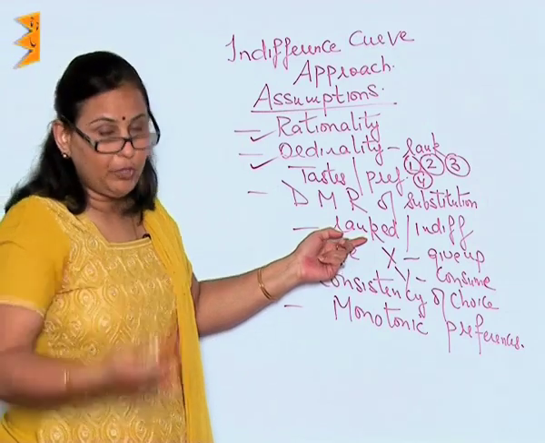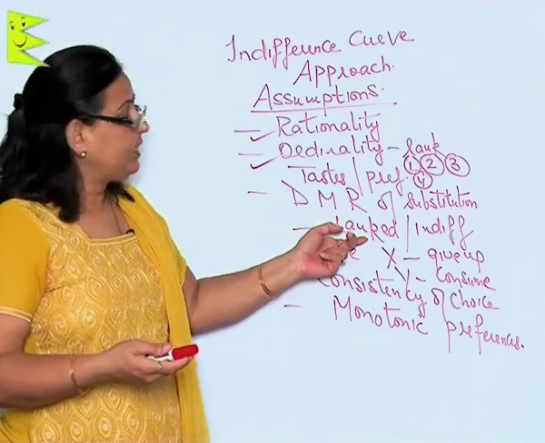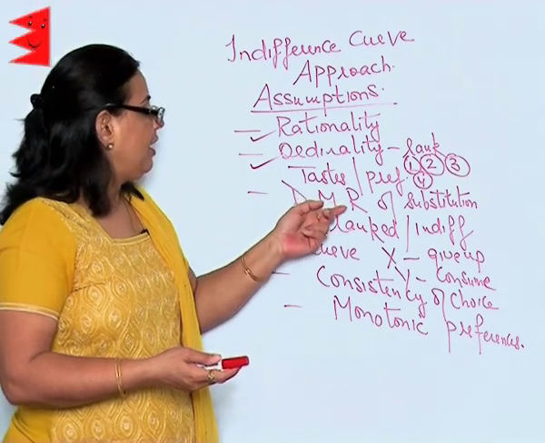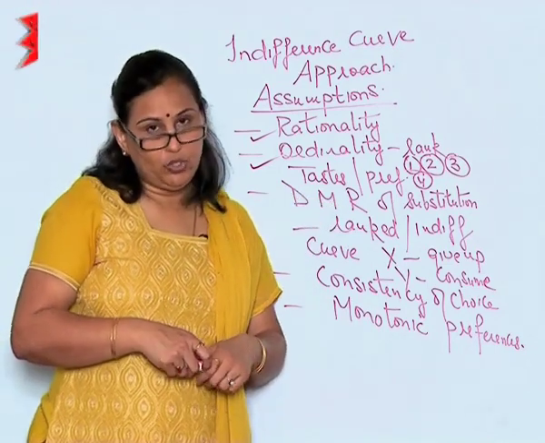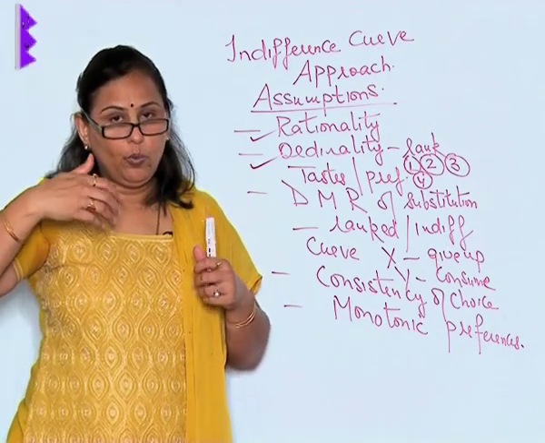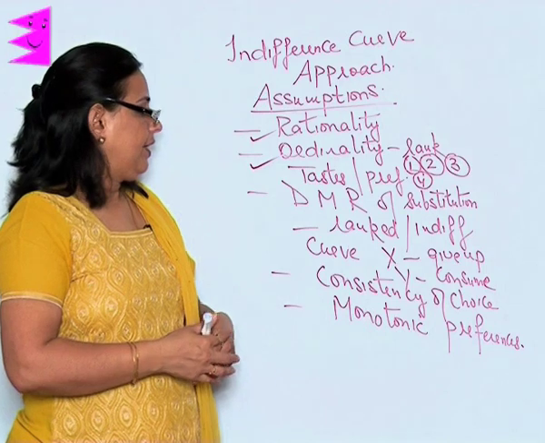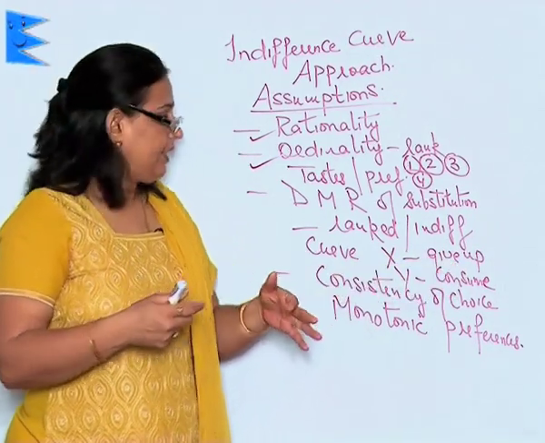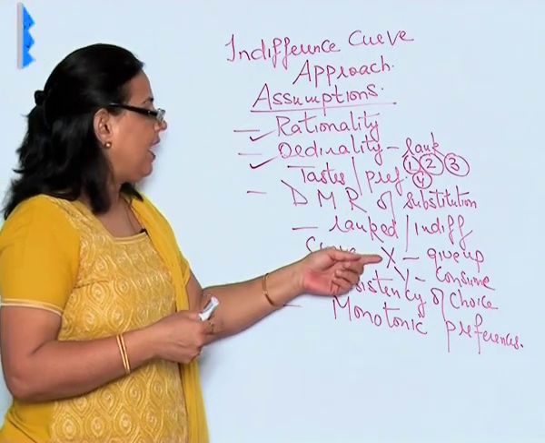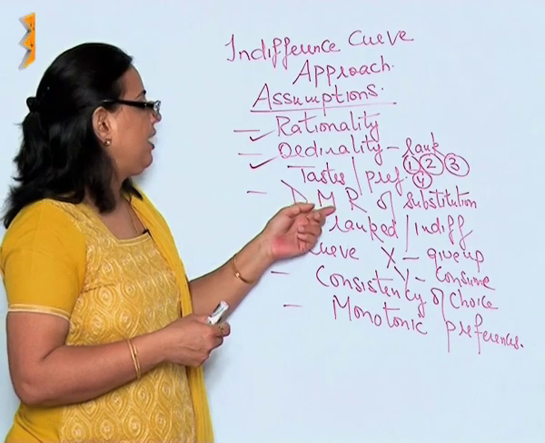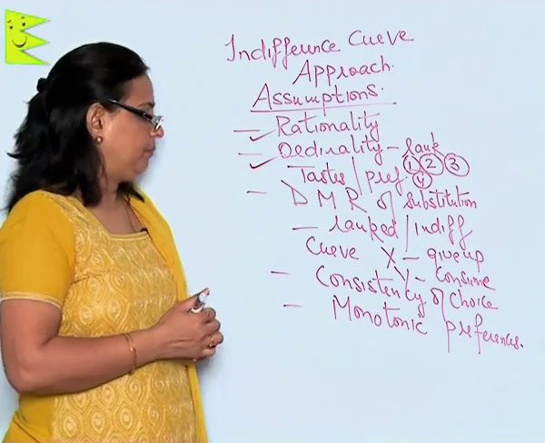In simple terms, the law of diminishing marginal rate of substitution is that when I am able to give away some units of one commodity to increase my other commodities.